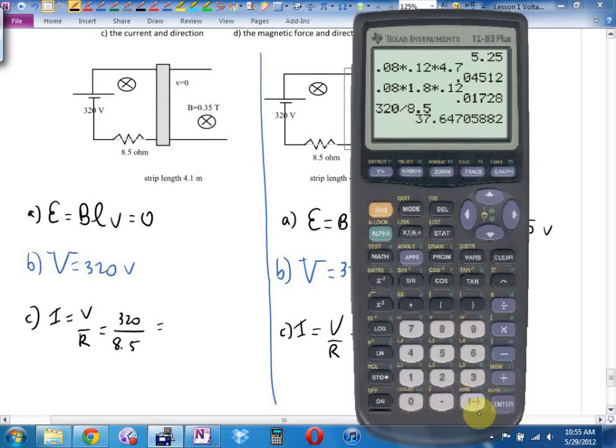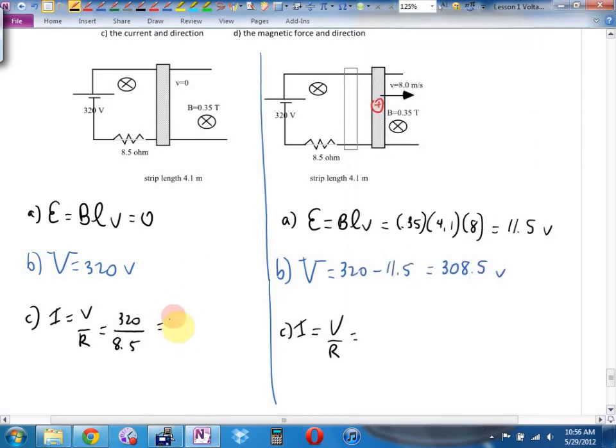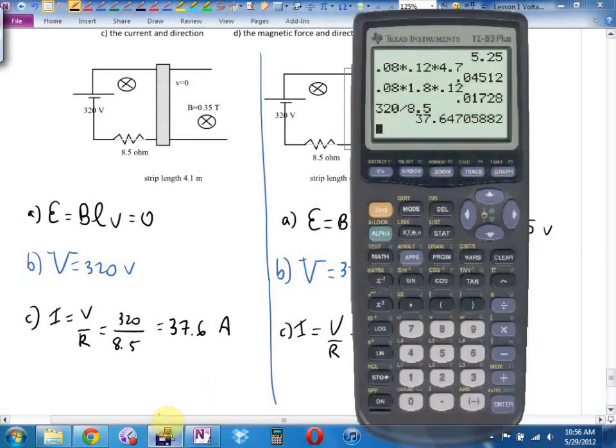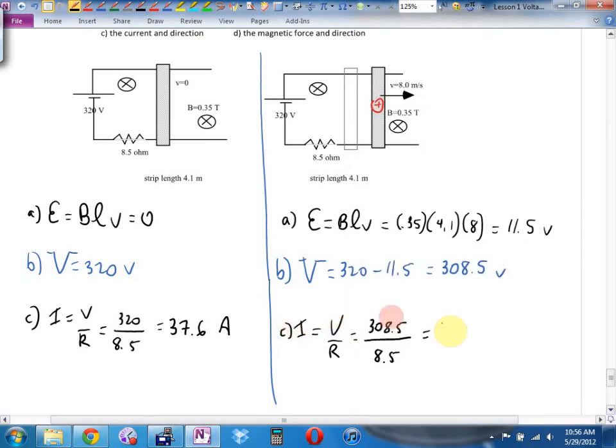In this first situation, 37.6 amps. In the second situation, it's 308.5 volts divided by a resistance of 8.5. 36.3 amps. About 1.3 amps less.